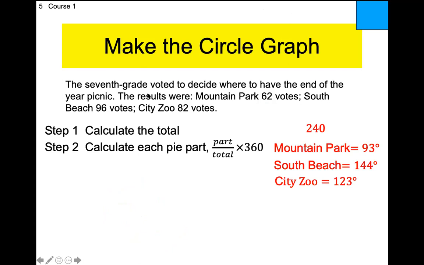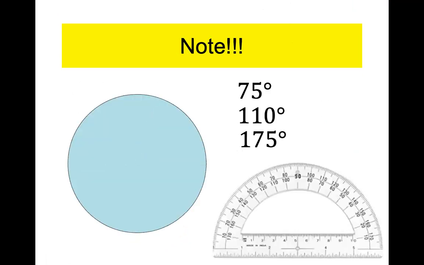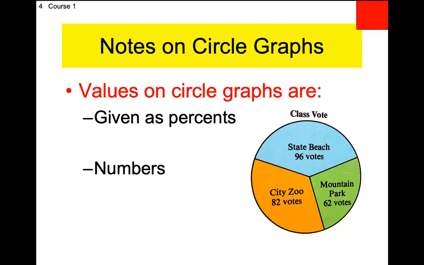If I go back a couple slides and look at the one that we made versus the actual one, let's see how ours looked. That one right there. It did look like this. Ours is just rotated a little bit more because we did the mountain first.